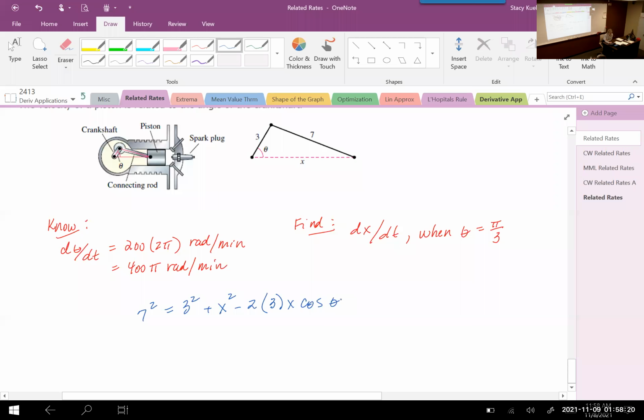I chose that because theta is here, and the formula is written so that it's the side across from the angle.